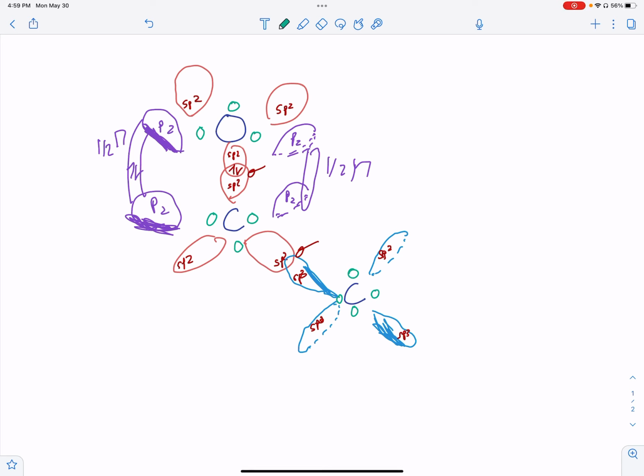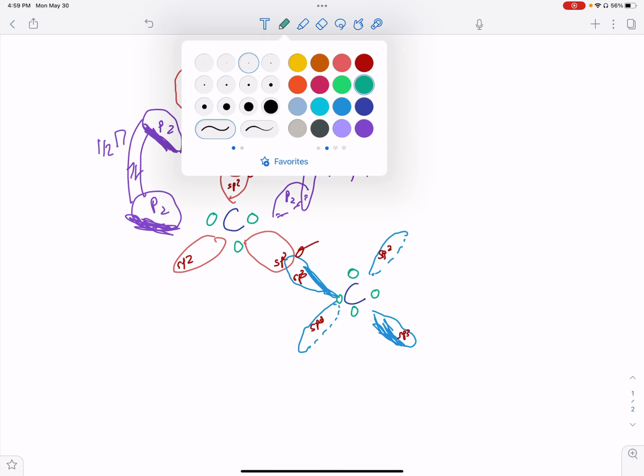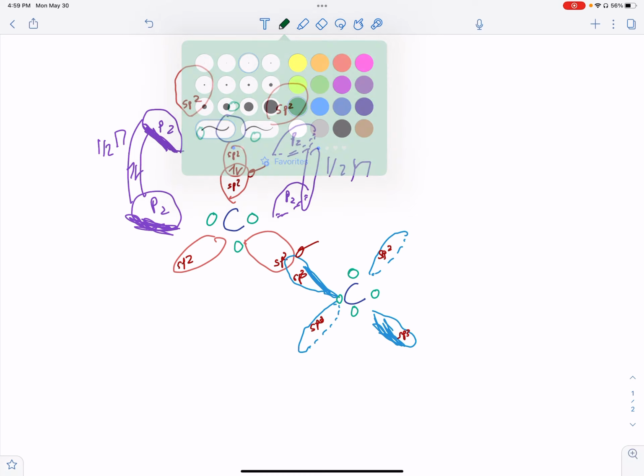And now I need to draw in my 1s hydrogen orbitals. Don't forget there's a hydrogen attached to this carbon here. Then there will be 3 hydrogens over here that form the methyl. Let me draw those in. Which color should I use? I'll use this color.